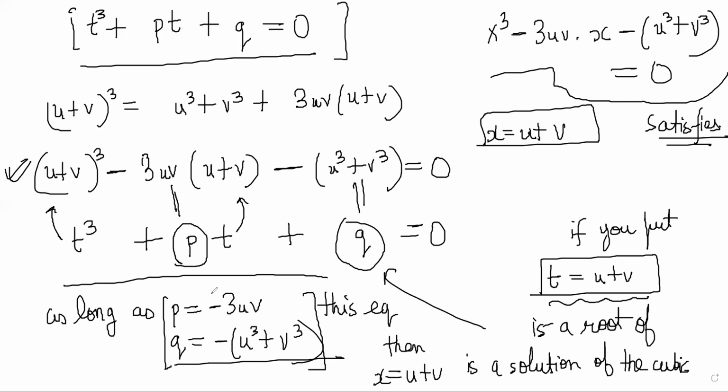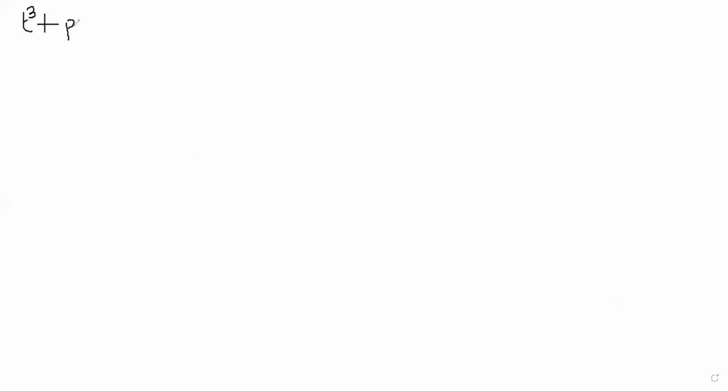So the job here is to basically find u and v in terms of p and q, right? So let's think about it. What is happening so far? t cube plus pt plus q is my basic equation.